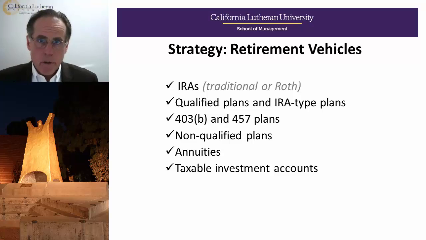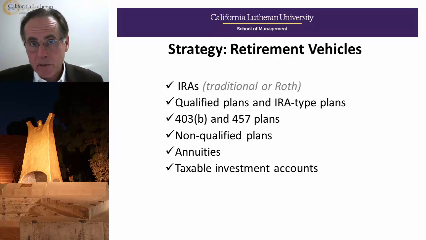What are some of the retirement vehicles that you'll be investing in over this pre-retirement period? Well, we certainly have traditional IRAs and Roth IRAs, qualified plans, and corporate IRA type plans, SEPs and SIMPLEs. Depending on where your client works, they might be in a 403(b), 457 plans. In some cases, your clients who are key employees might be part of a non-qualified plan.